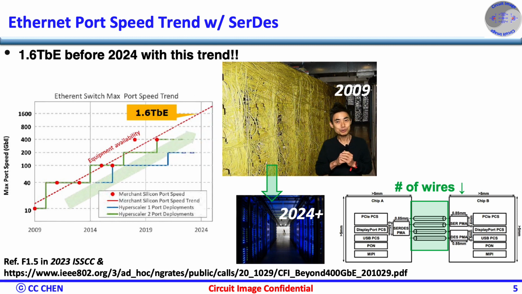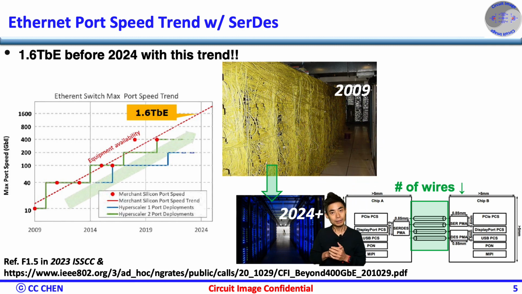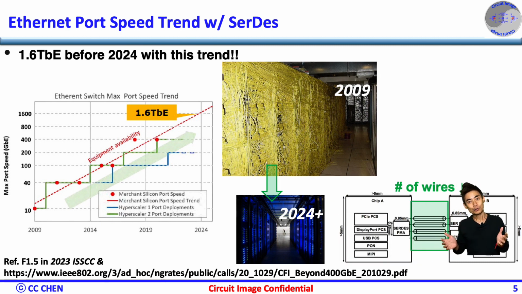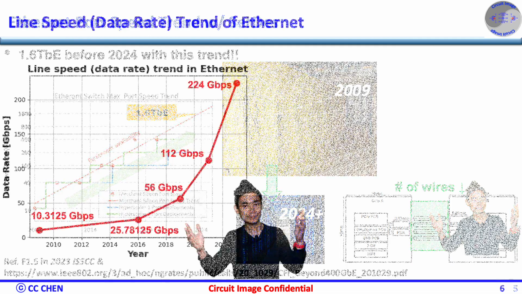Another interesting image is the data center room comparison: very messy in 2009, but clean and well organized nowadays, owing to the C-Link or SerDes. Therefore, reducing the number of wires over I/O is one motivation to push the line rate higher in each SerDes.